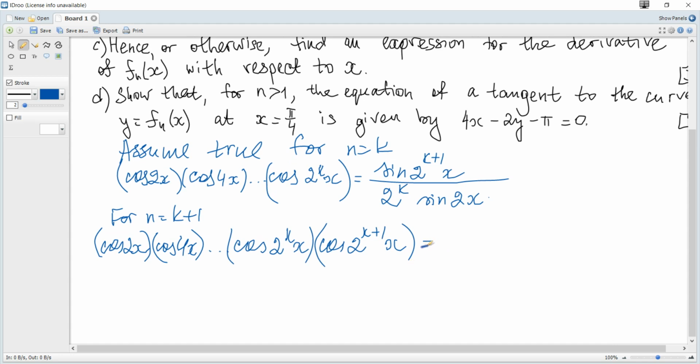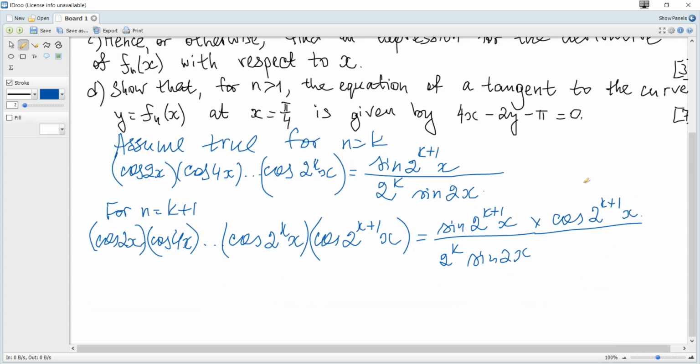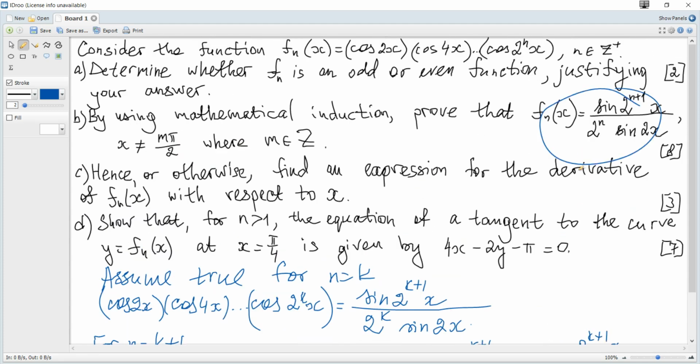And we can see that it is equal to this, so we can rewrite it as sine of 2 to the power k plus 1 x over 2 to the power k sine of 2x, multiplied by cosine of 2 to the power k plus 1 x. And we need to show that it is equal to this when n is k plus 1.